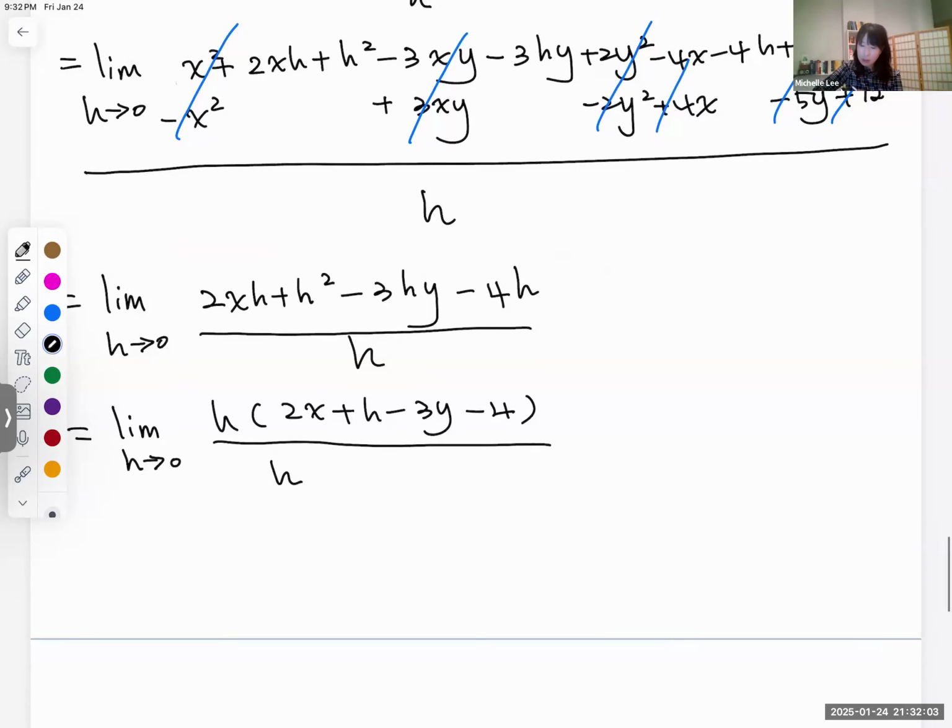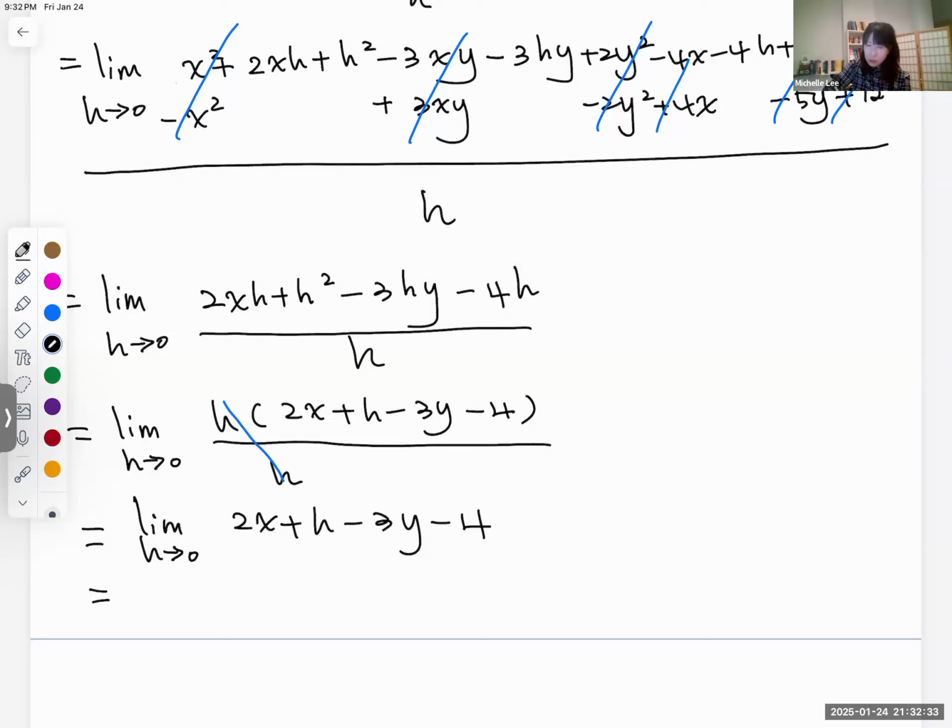Then we get the limit as h approaches 0 of 2x plus h minus 3y minus 4. We don't have any fraction, there is no quotient, so we can apply the limit when h approaches 0.